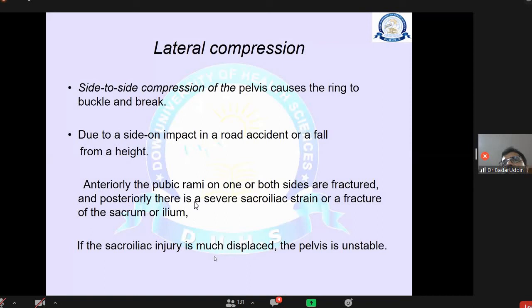If the sacroiliac injury is displaced, the pelvis is unstable. Remember again, the first thing I told: the posterior ligaments are the strongest ligaments in the pelvis. 70% of body weight is transmitted from the spine to the pelvis through the posterior side, and only 30% through the pubic rami anteriorly. So it is very important to stabilize the posterior aspect first.